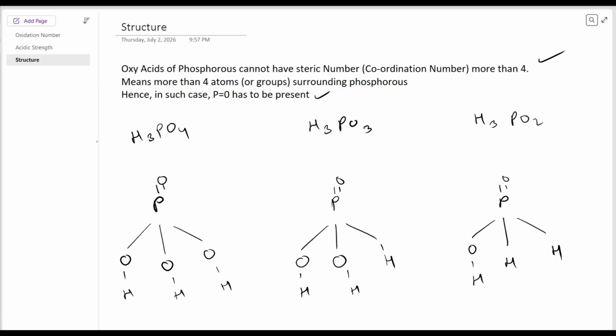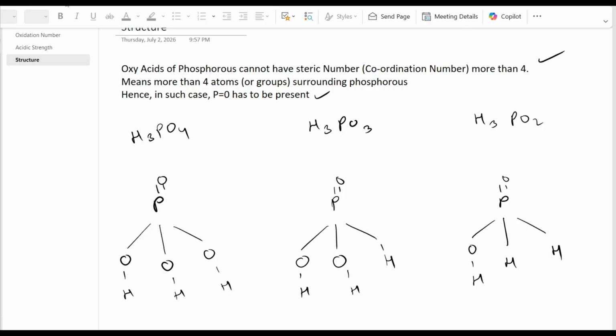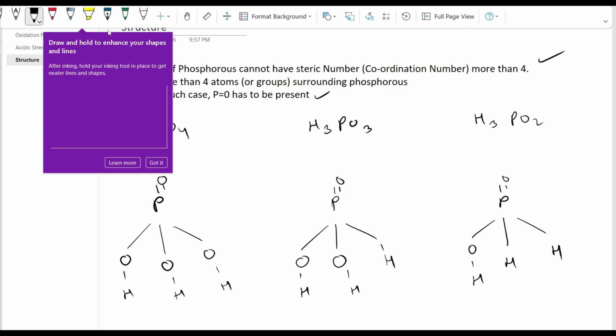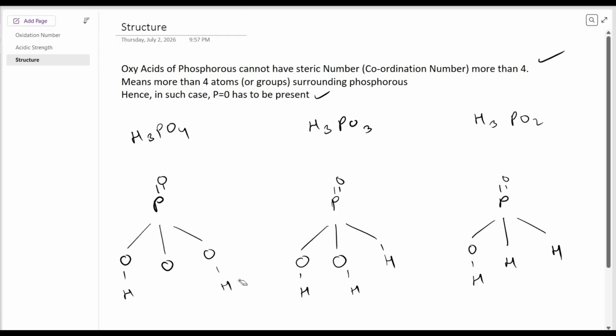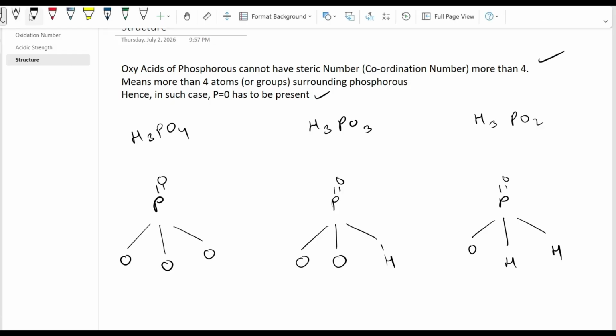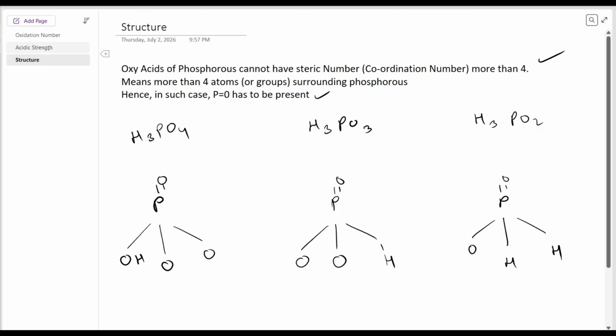So ultimately, where is the eraser? Okay, we have the eraser here. So I will draw these hydrogens attached to the oxygen directly, like this.